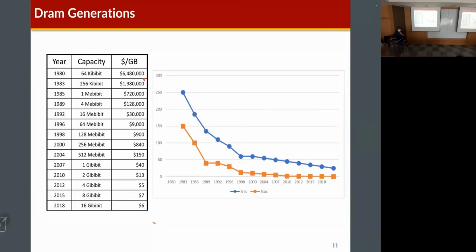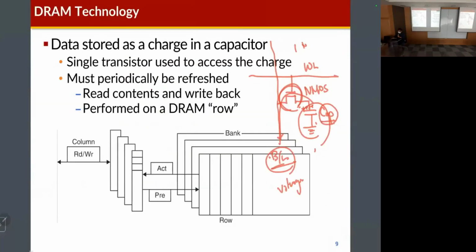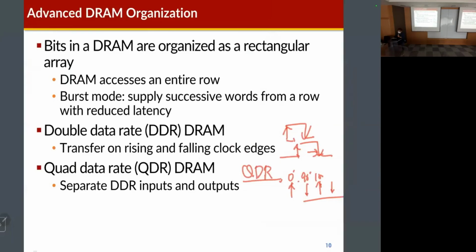As technology advances, the density of the DRAM increases, which means that the cost per gigabyte decreases. So we can use very large DRAM and enjoy the large space of DRAM devices. But it's related to the reliability of the DRAM.